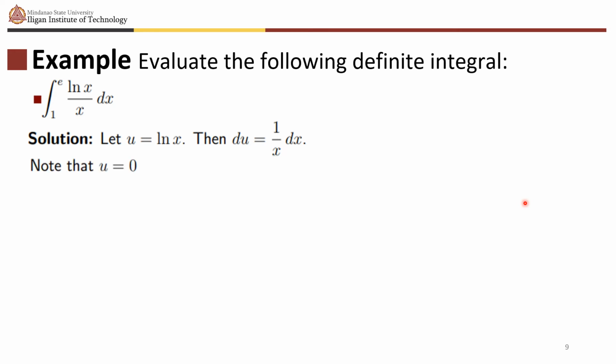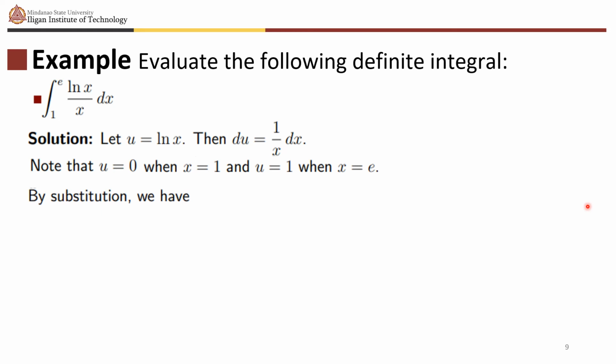Note that when x is equal to 1, ln of 1 is 0, so u becomes 0. And when x is equal to e, you will have ln of e, but ln of e is equal to 1. That's why u is equal to 1.